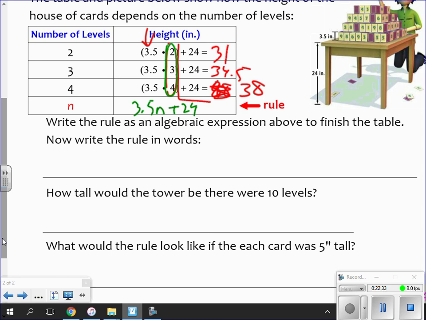So I would have something like 3.5 times a number n. And then what am I doing after that? Well, the sum would be that and 24. If I'm doing it this way, I would put plus 24.